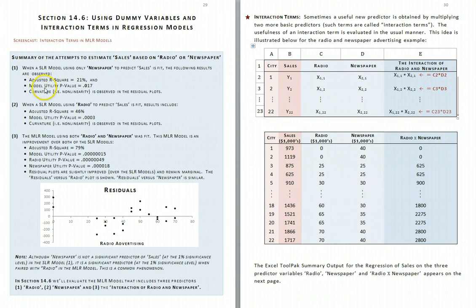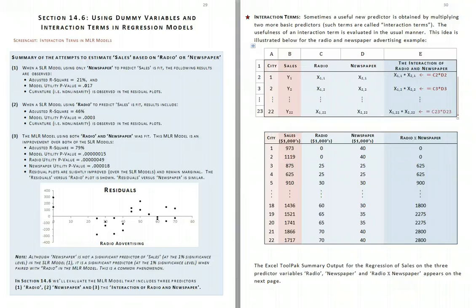The hypothesis test for model utility had a p-value of 1.7%. At the 5% significance level, this was a useful model. However, there was a significant amount of curvature observed in the residual plot versus the newspaper advertising expense, and this curvature made the use of this model undesirable.